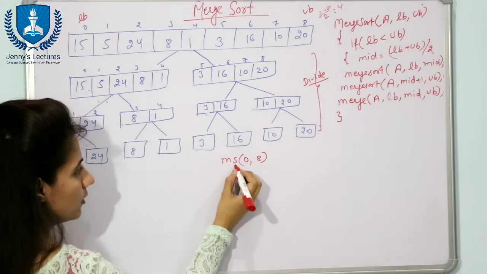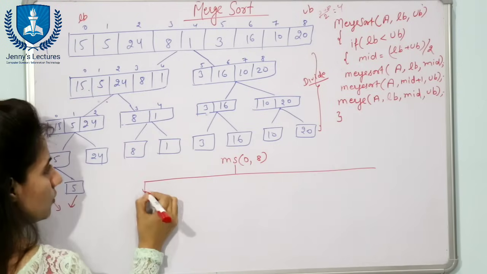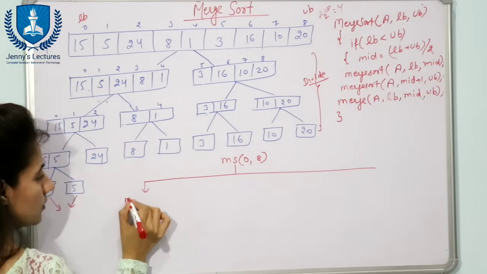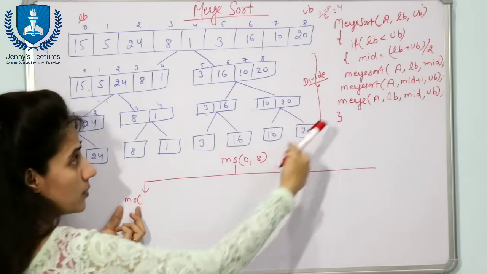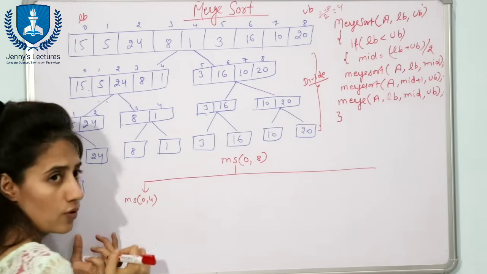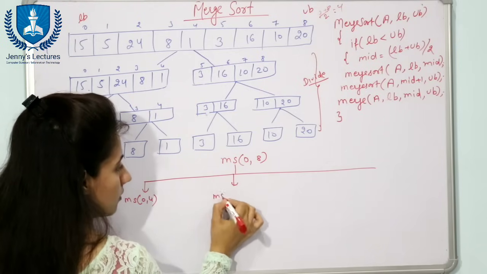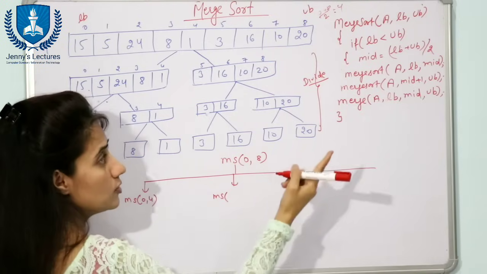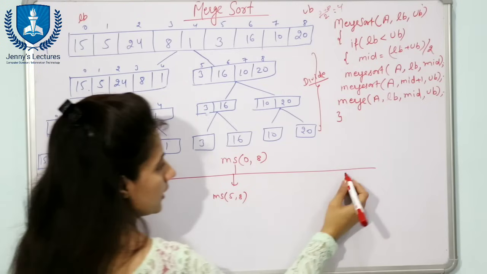Fine. Again merge, 3 statements are there. So I am going to divide this into 3 parts. So here we have again merge sort. I am going to write ms for merge sort. Lower bound to mid. Lower bound is 0, mid is 4. Fine. Again second is merge sort mid plus 1, that is 5, to upper bound 8.